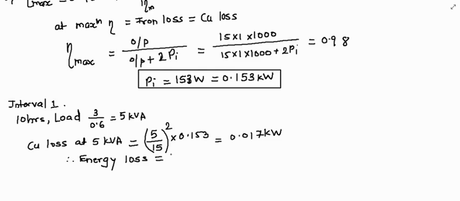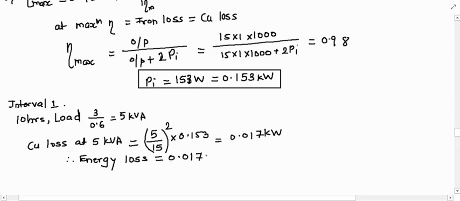The kVA will get cancelled, and this iron loss is in kilowatt, so I am getting the copper loss in kilowatt. So what is the energy? Energy is nothing but power into time. So 0.017. For how much time is this transformer working? 10 hours. So I will get this as 0.17 kWh. Similarly, I can find it out for interval 2.